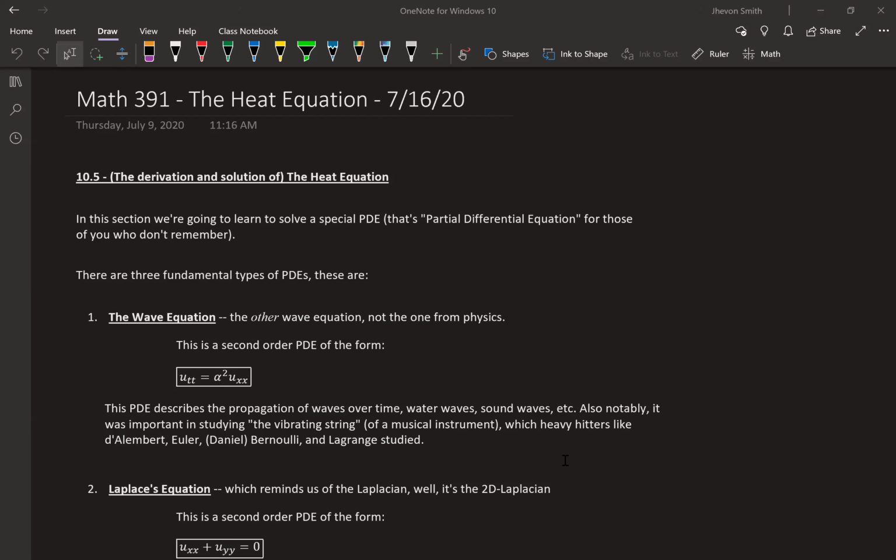Big hitters like D'Alembert, Euler, Bernoulli, which I now have to specify Daniel because the Bernoulli was a powerhouse in mathematics. Like there are so many mathematicians from the Bernoulli family, you have to kind of specify which one you're talking about. And Lagrange, they all studied the wave equation. They made great breakthroughs in this equation. If you study the wave equation, you will be studying the work of these giants here.